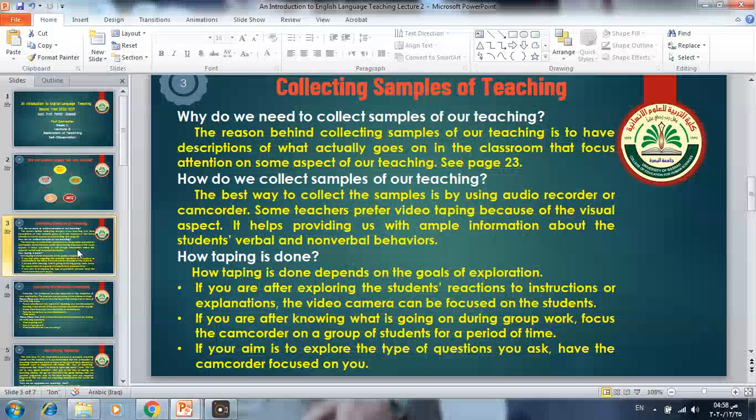So if the student is your focus, if you want to find out the kind of reactions to instructions and explanations provided by the teacher, then this time you have to focus the camera on the students so that you can identify what kind of behaviors, whether they are verbal or non-verbal, students do when they receive instructions or explanations.